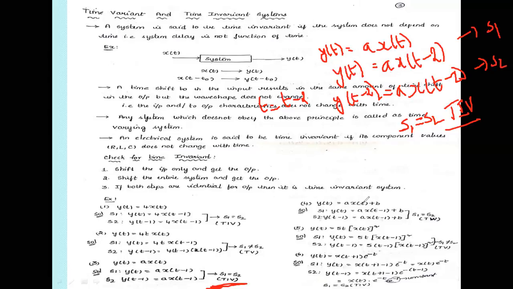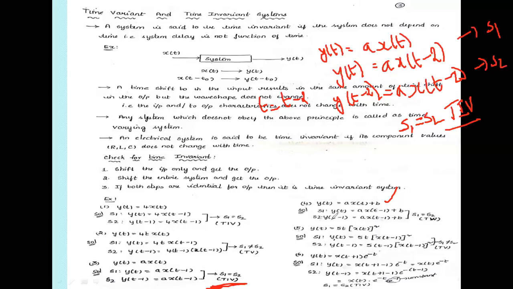Even for a into x of t plus b also, but previously the linear system is not satisfied because the plus b is there. But in this, the input is delayed, the output is also delayed, then we can say the time invariant system. Okay. Here y of t is equal to a into x of t minus 1 plus b. A and b are constants only.